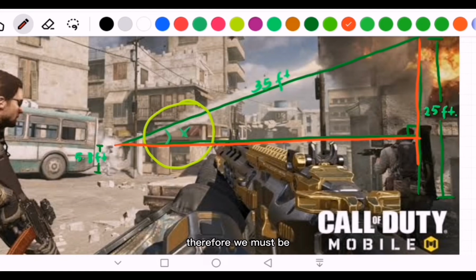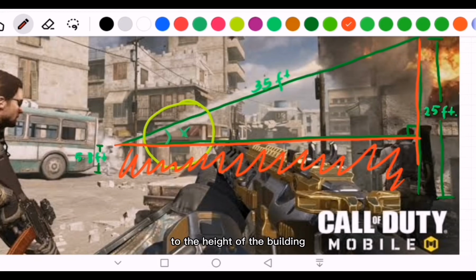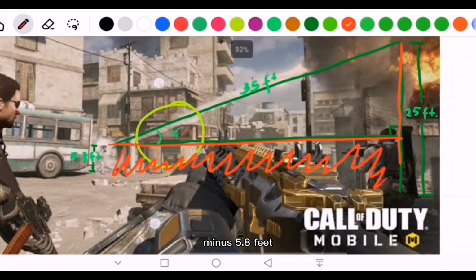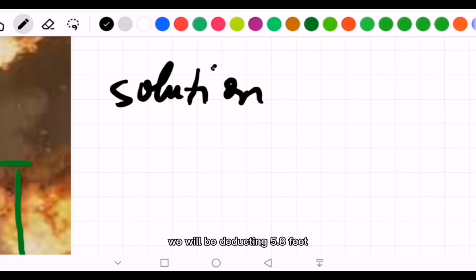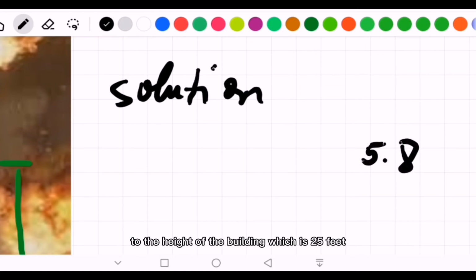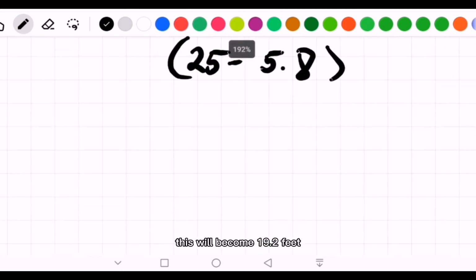Therefore, we must deduct the height of the player from the height of the building, which is 25 feet minus 5.8 feet. So this will become 19.2 feet.